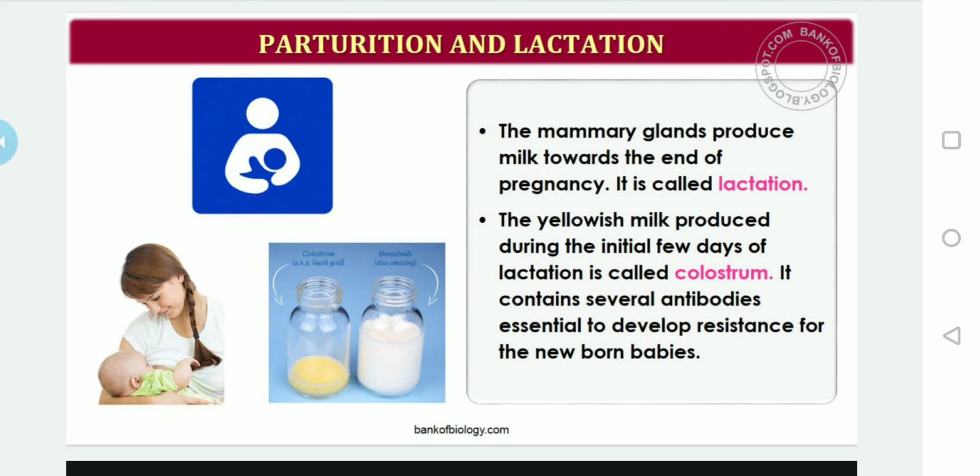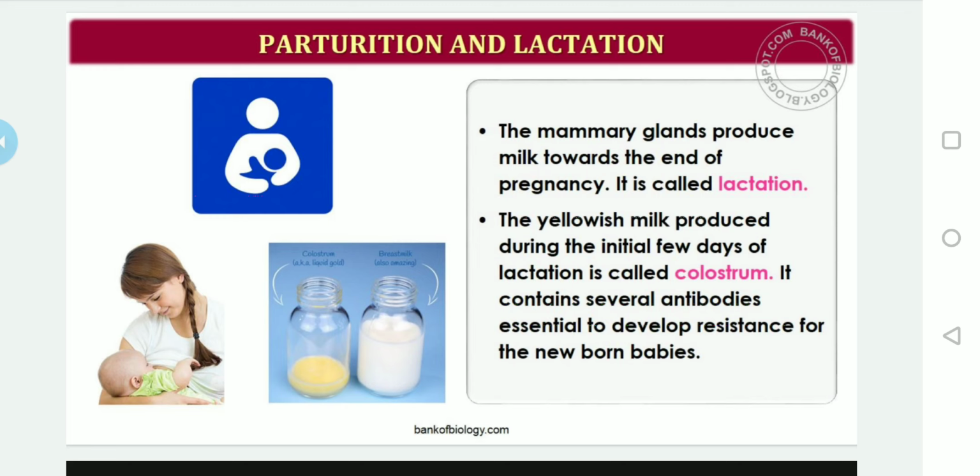You must have heard that babies fed by their mothers, compared to non-breastfed babies, have more immunity power. Sometimes there are different reasons, but compared to babies who are provided milk by animals like cows or buffaloes, mother-milk-fed babies have more resistance power.